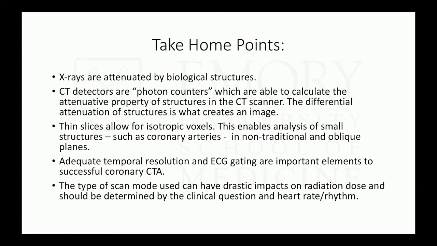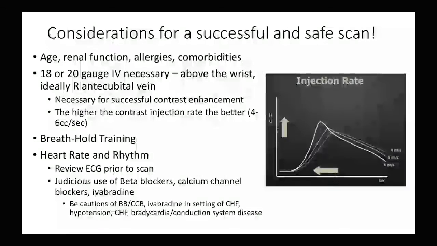Adequate temporal resolution and ECG gating are important elements to successful coronary CTA, and the type of scan mode can have drastic impacts on radiation dose. The scan mode that you're using should be determined based on your clinical question and the underlying heart rate and rhythm.